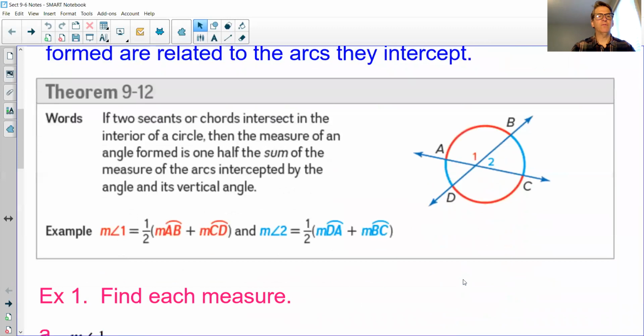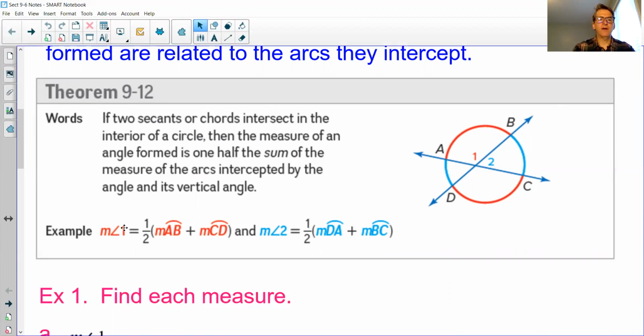Theorem 9-12. If two secants or chords intersect in the interior of a circle, then the measure of an angle formed is 1/2 the sum of the measure of the arcs intercepted by the angle and its vertical angle.